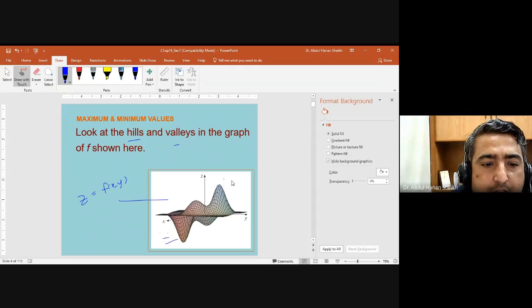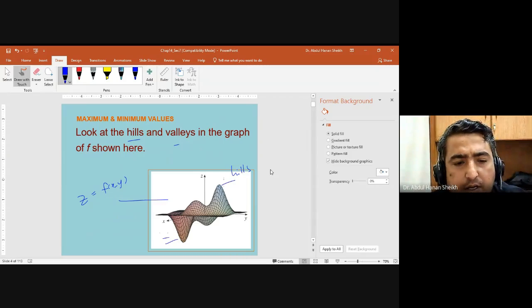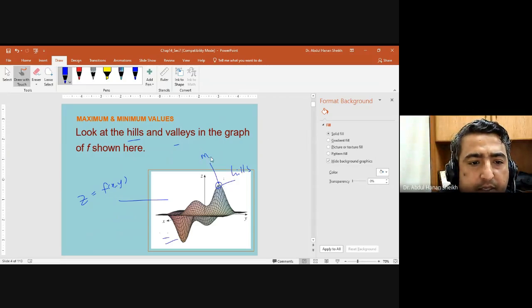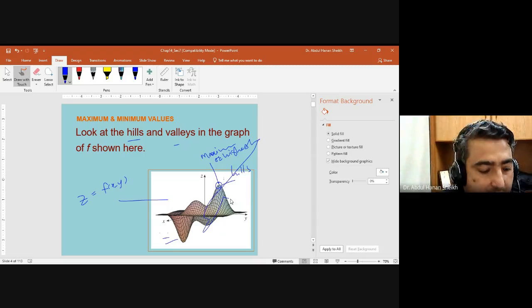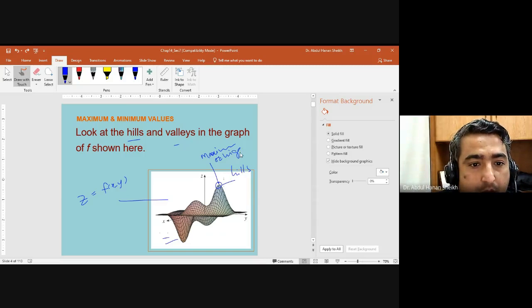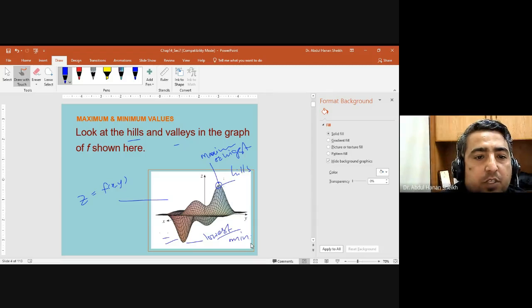These are valleys, and these are hills, the tops. So it's apparent to say that this peak shows the maximum or the highest value of the function, and this peak shows the lowest or minimum value of the function.